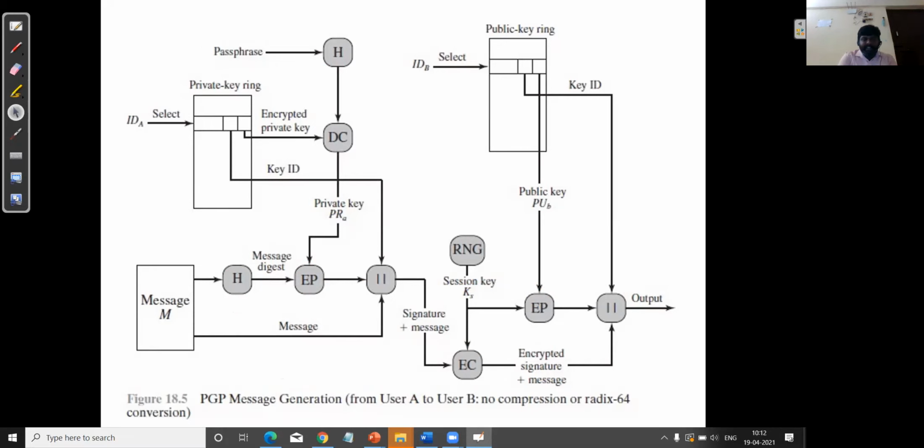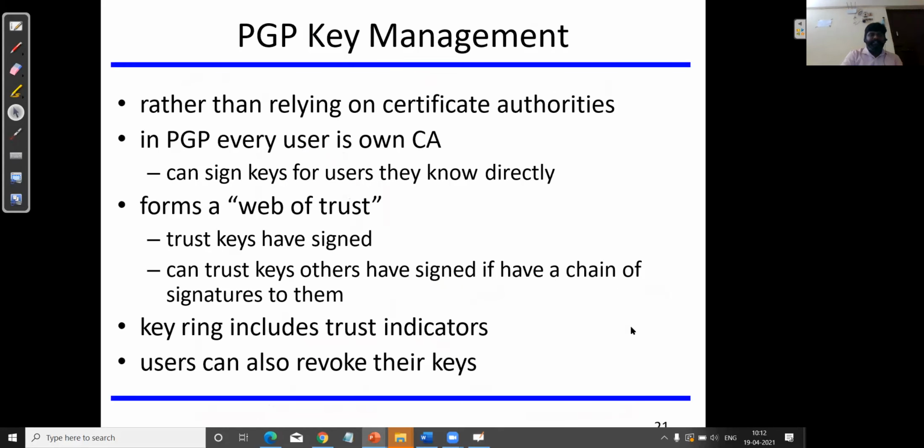Any query, any questions, any doubt? Okay, so I hope you understood it clearly. So we'll proceed further, right?